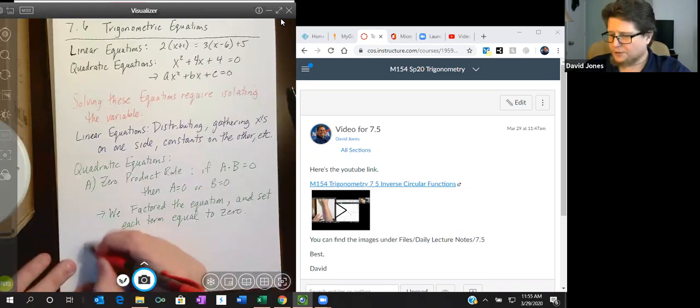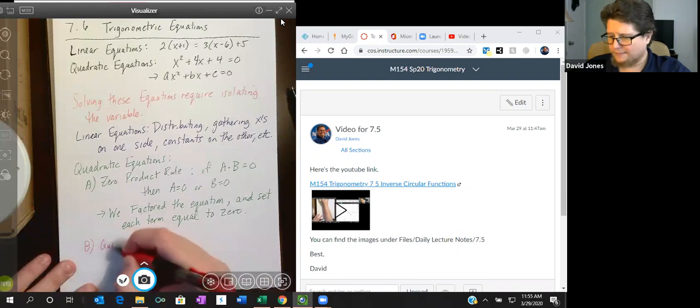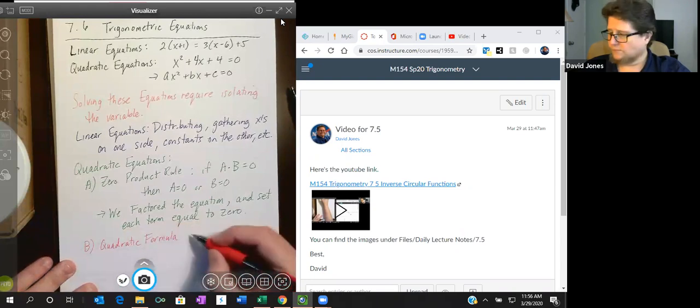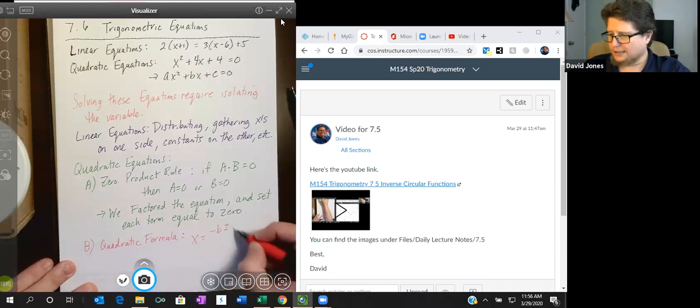We also had the option of using the quadratic formula. x equals negative b plus or minus the square root of b squared minus 4ac, all divided by 2a.